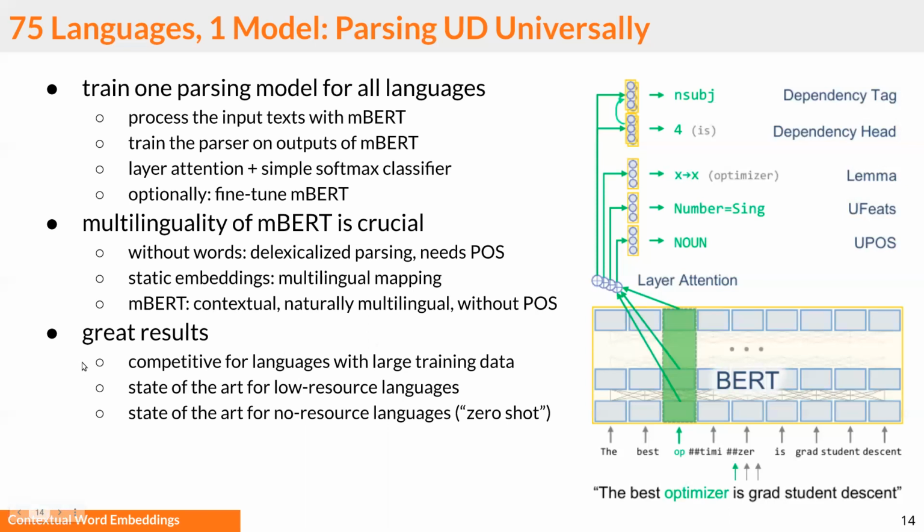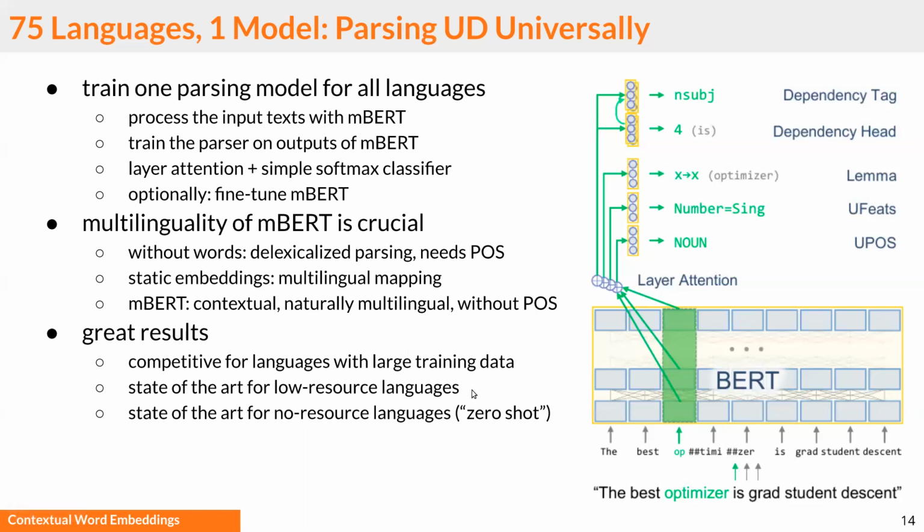For the large languages, so you train one model, so it's also trained for Czech, English, these languages with large treebanks, it typically does not surpass the parsers for the languages, but sometimes it does, and at least it's always competitive. It seems that even training a parser on Czech and Slovak data is better than training on just Czech data because the similar languages can also inform the parser.